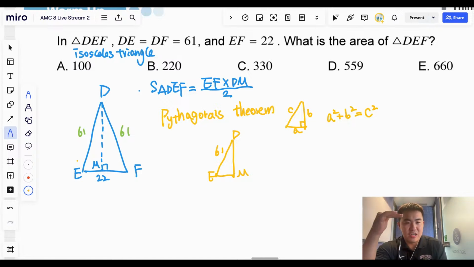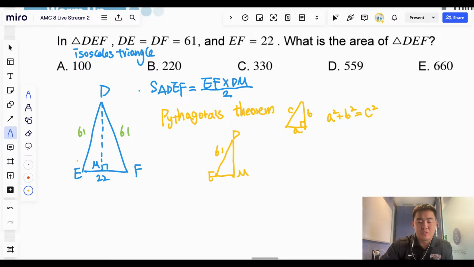When you have an isosceles triangle, and in this case DE and DF are the two lines with the same length, when you draw the height from D perpendicular to EF, M is going to be the midpoint that separates EF into two equal parts. Again, when you draw the height DM, where M falls on the line segment EF, given it's an isosceles triangle, then M is going to be the midpoint that separates EF into two equal parts.